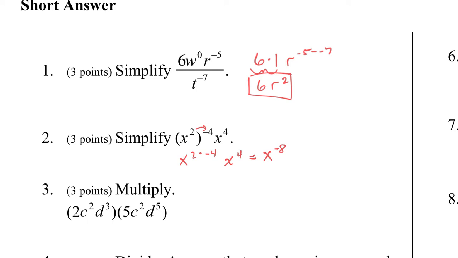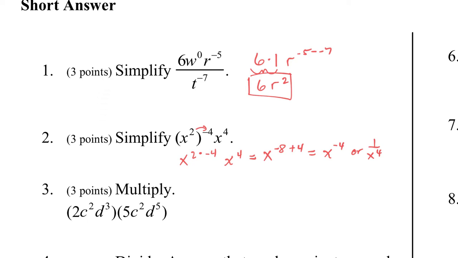And then when you multiply times x to the 4th, you actually add the exponents, so negative 8 plus 4, and that would be x to the negative 4th. Or if you want to express it as a positive exponent, that would be 1 over x to the 4th. I guess either one would be okay, because it didn't say express this as a negative exponent or as a positive exponent. If you express it as a negative exponent, then this would be your answer. If you express it as a positive exponent, this would be your answer.